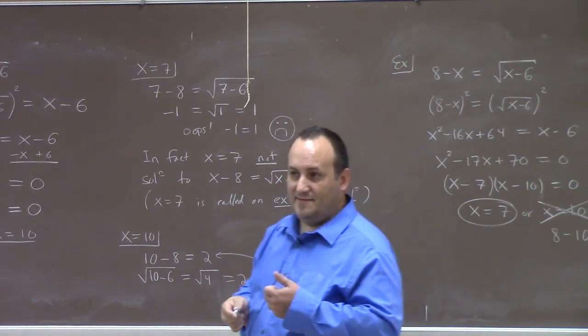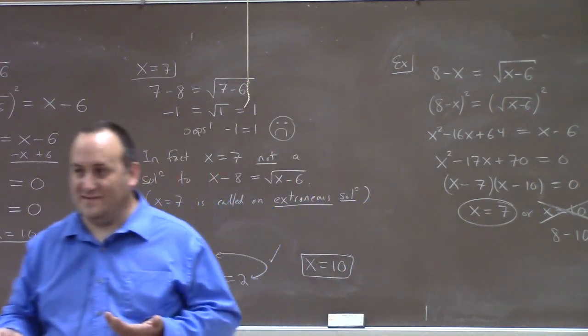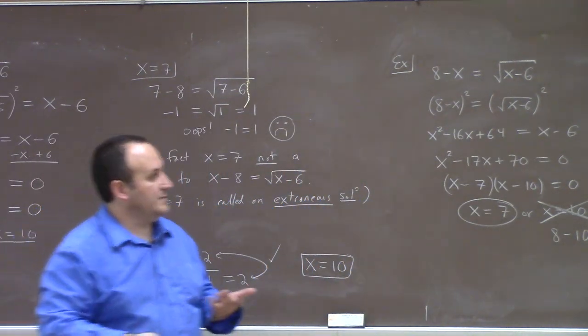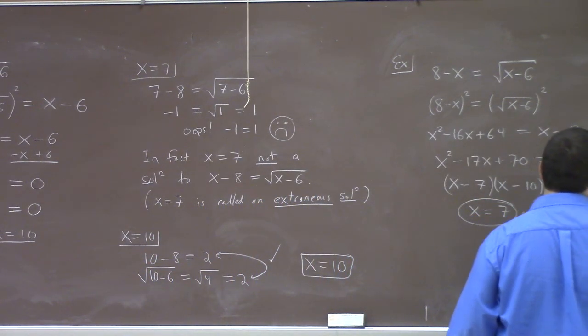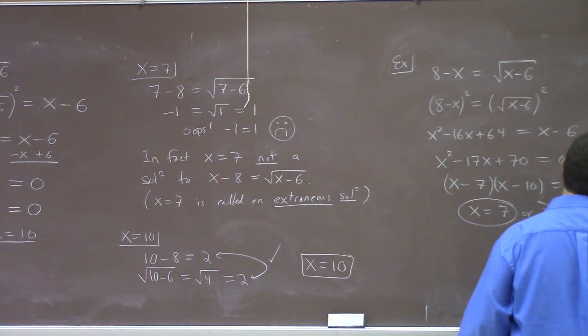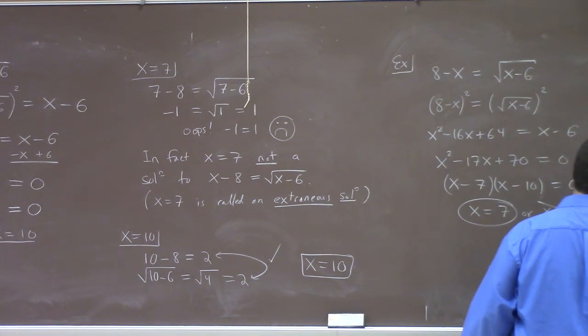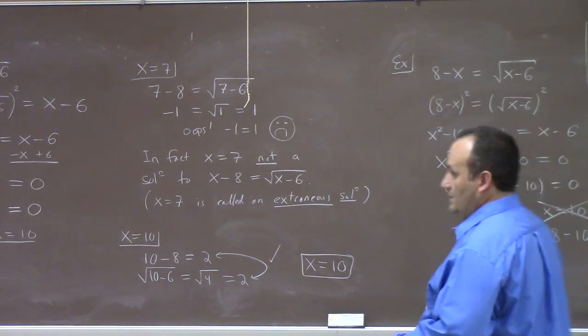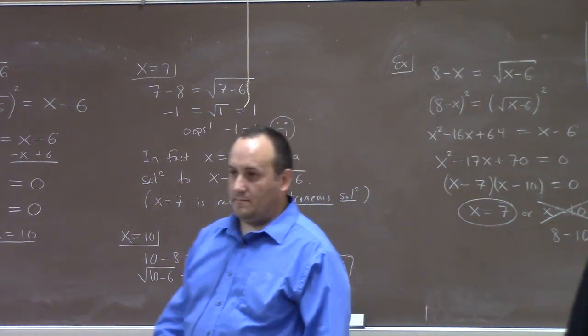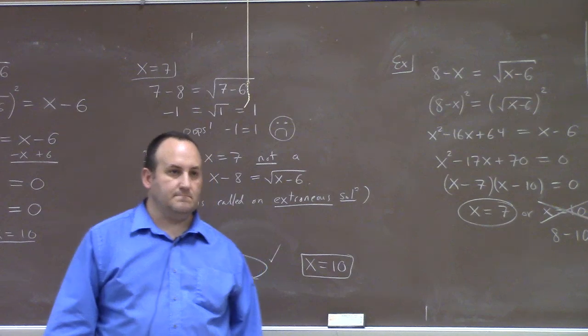Except, is it true? Is x equal to 7 the solution to this problem? If I take the square root of 7 plus 2, I get the square root of 9, which is 3, which of course is not equal to minus 3. Would that mean x would be equal to negative 11?